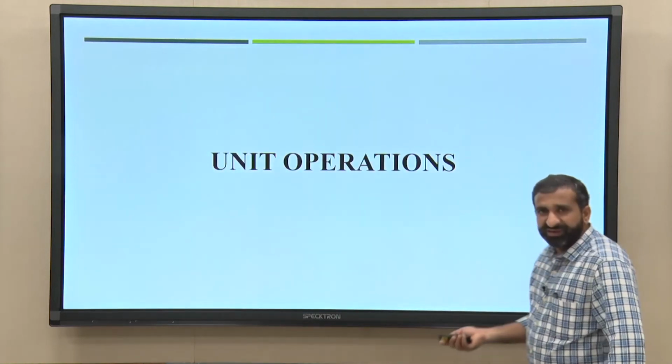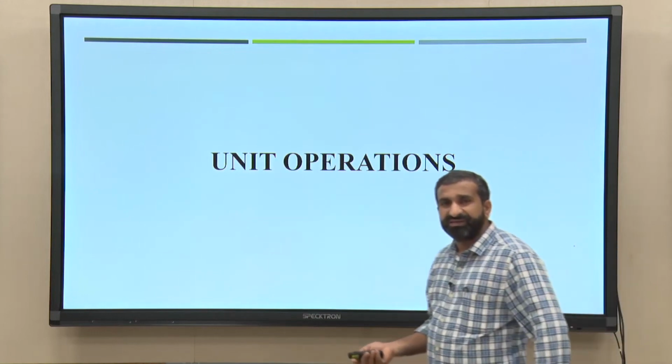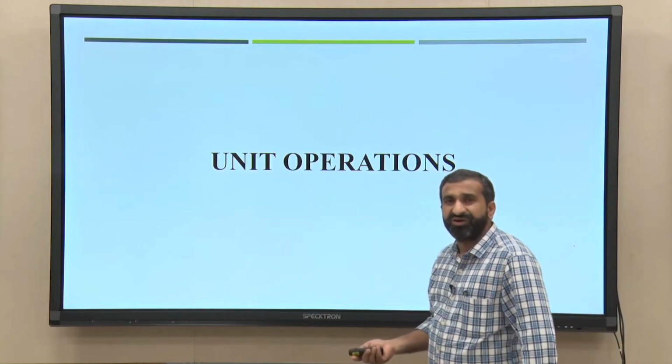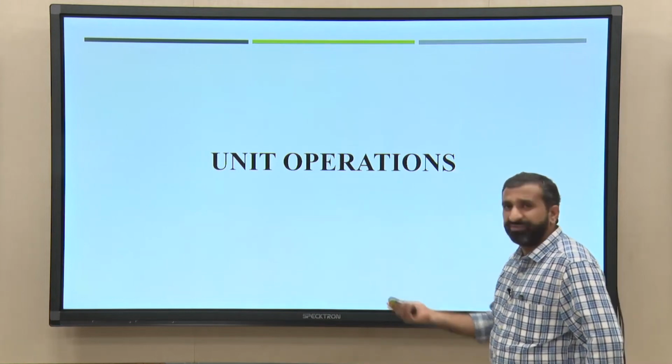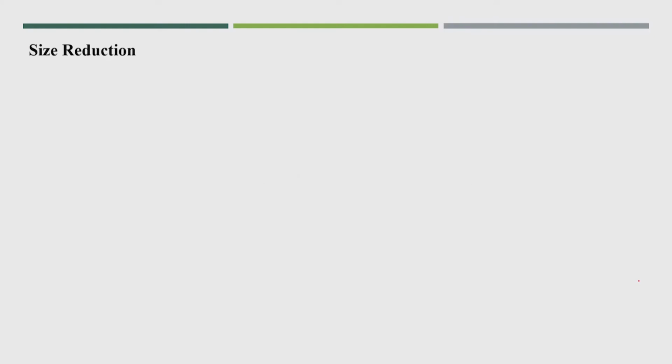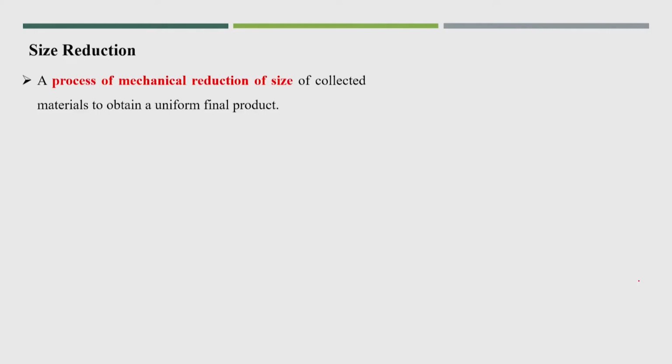There are 5 different kinds of unit operations normally required for mechanical segregation at an MRF station. First is size reduction, one of the very important unit operations. This is the process of mechanical reduction of the size of collected material to obtain a uniform final product.